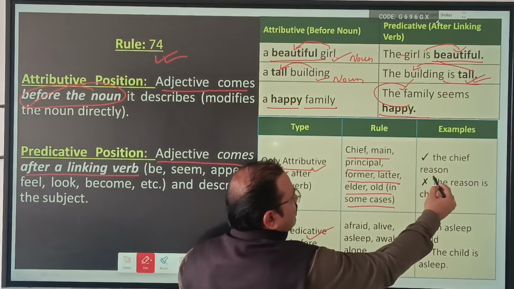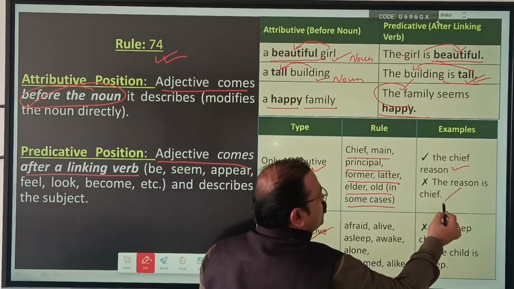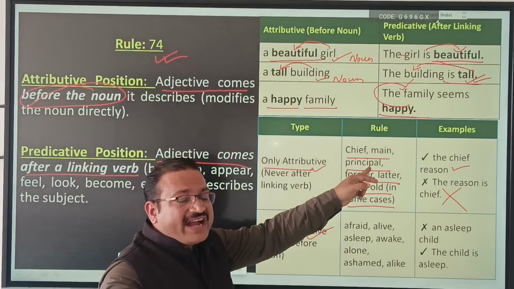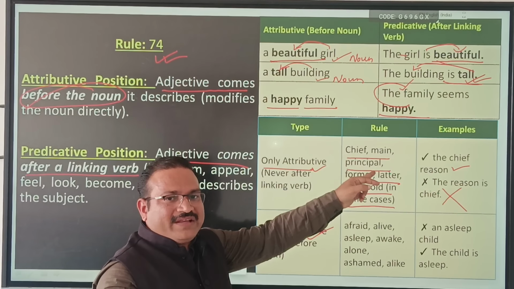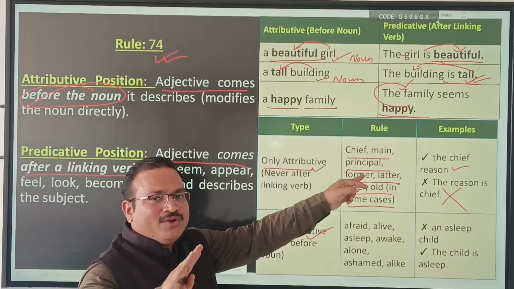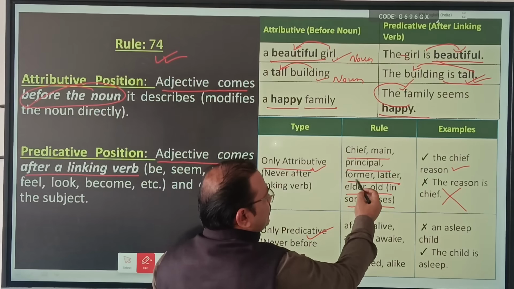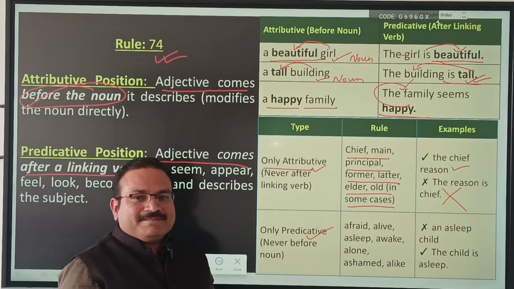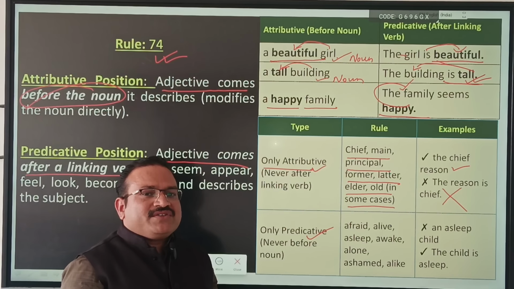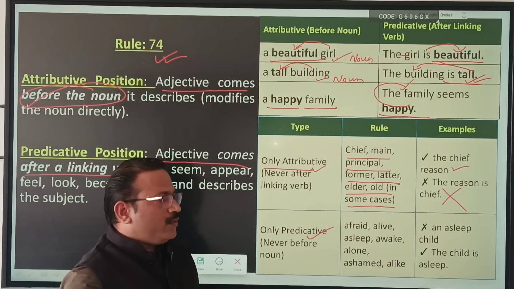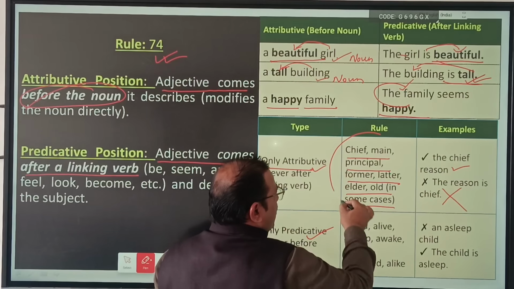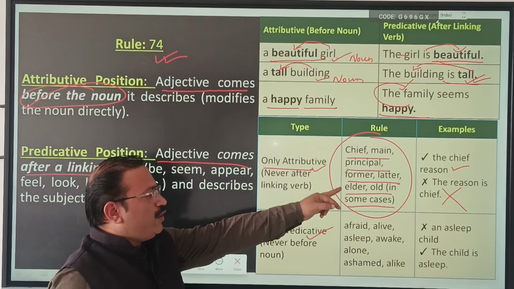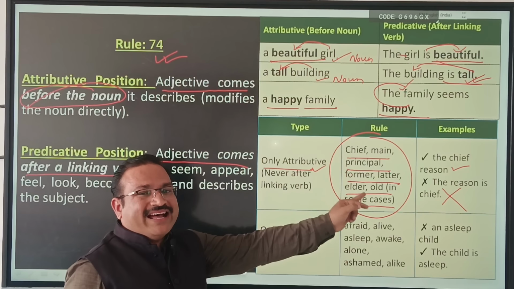The chief reason; "the reason is chief" is wrong. The principal factor; we cannot say "the factor is principal," no. The former prime minister; we cannot say "the prime minister is former," no. So these adjectives have attributive position, they will always come before nouns.